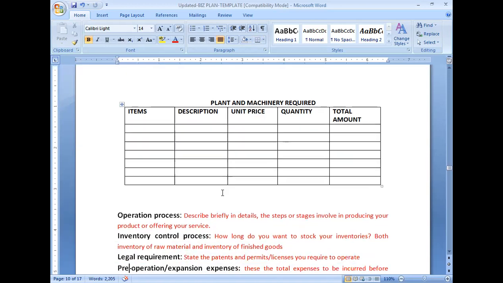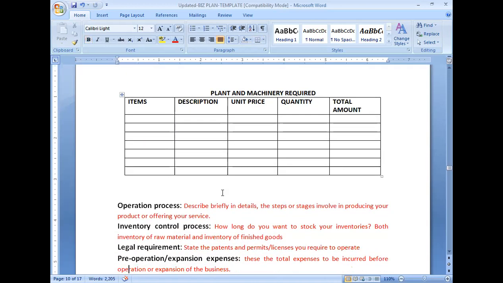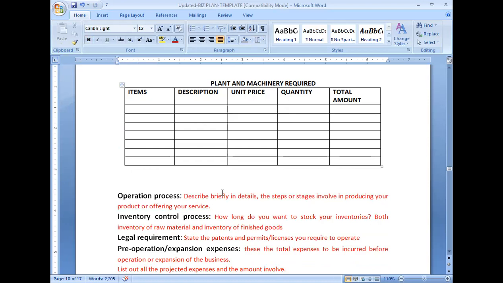So the next is the operation process. If you're into production, you use production process. For example, somebody is into cassava processing. So what are the processes? Number one, raw material or cassava tubers acquisition. So you buy from the farm. Then after that, you weigh. After weighing, you wash. After washing, peel.